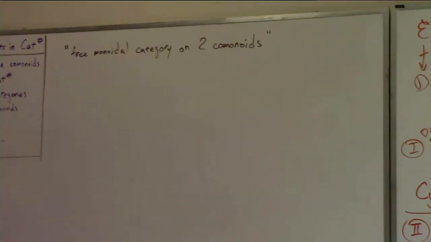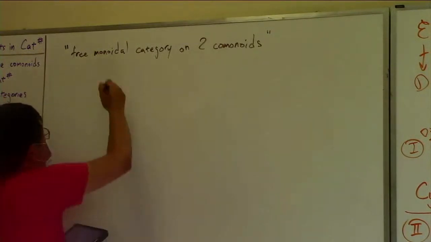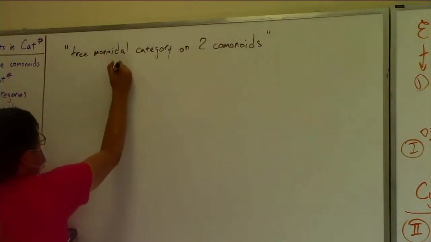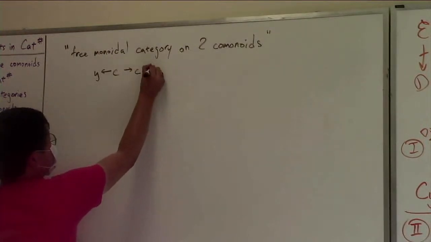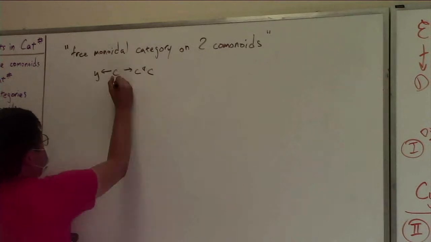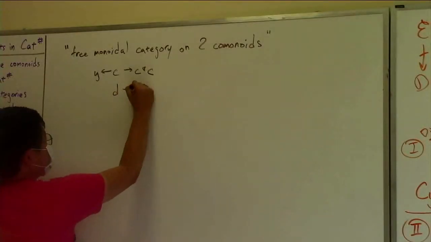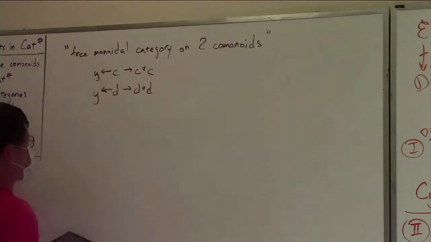It's a monoidal category, so it has some monoidal operation, and it also has two comonoids in it. I'm going to call them little c and little d. And I'm still just going to use the little y and the little triangle for this.